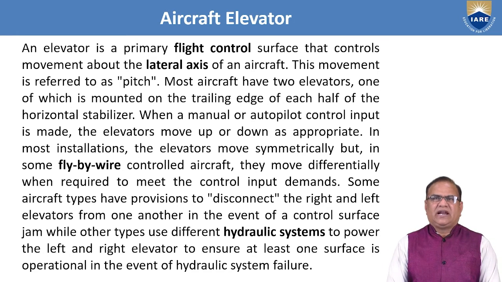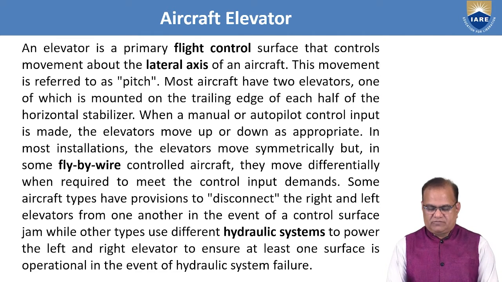Some aircraft types have provision to disconnect the right and left elevator from one another in the event of control surface jam, while other types use different hydraulic systems to power the left and right elevator to ensure at least one surface is operational in the event of hydraulic system failure.